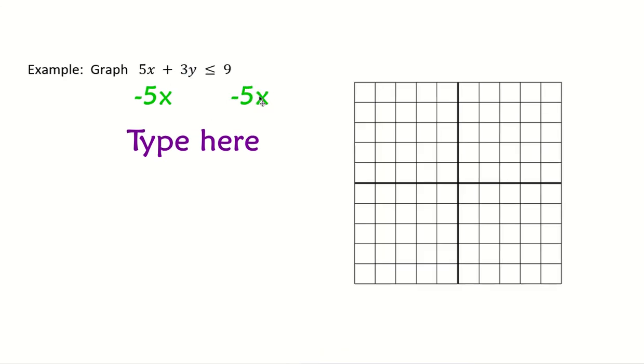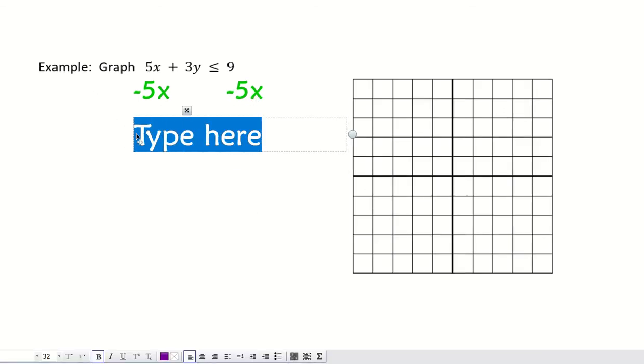So first I've got to get this into mx plus b form. I'm going to start by subtracting the 5x away from the left side over to the right side. That's going to leave 3y by itself.